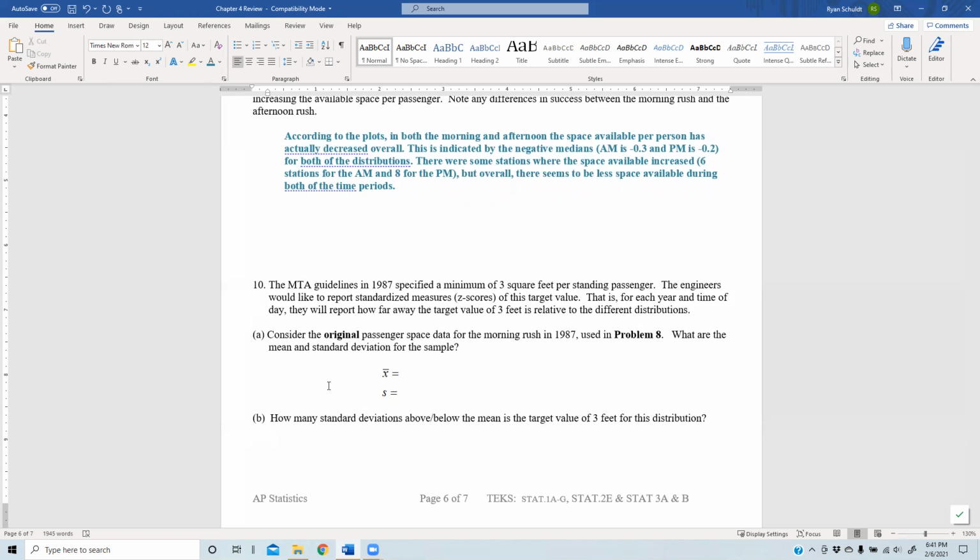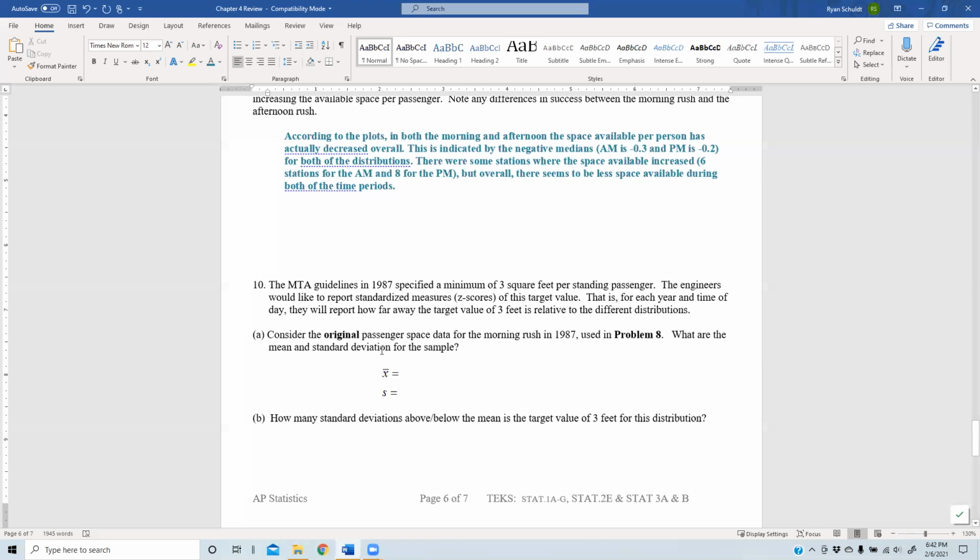That is, for each year and time of day, they will report how far away the target value of 3 feet is relative to the distributions. We're going to consider the original passenger space data for the morning rush in 1987. What are the mean and standard deviation for the sample?